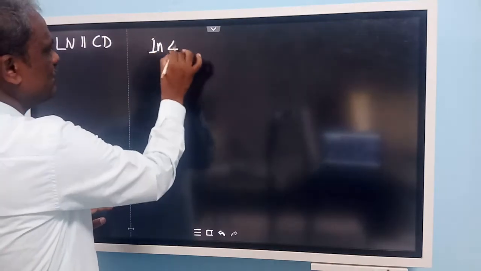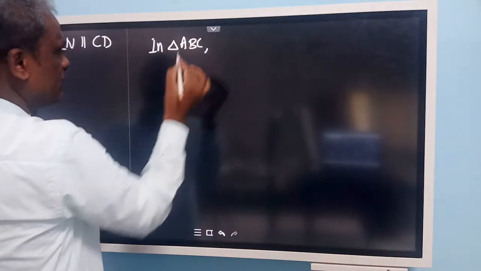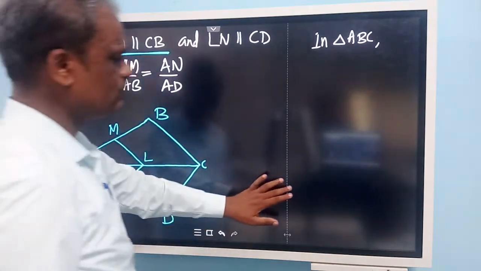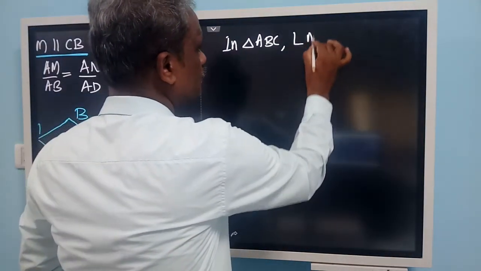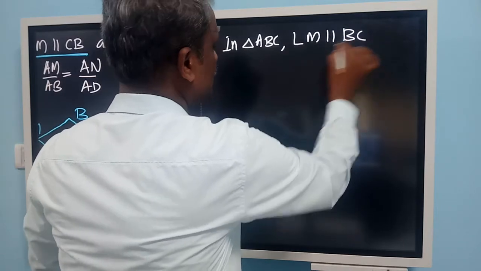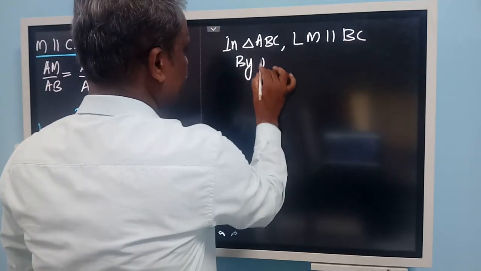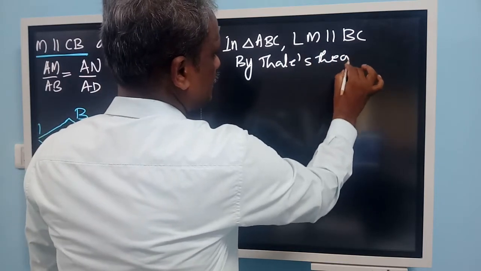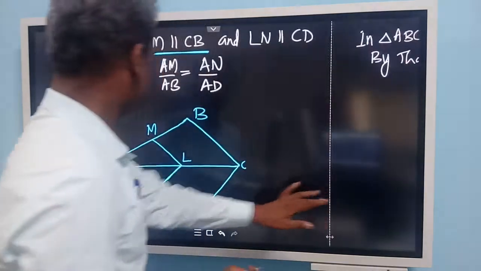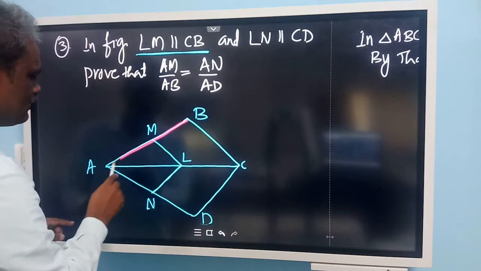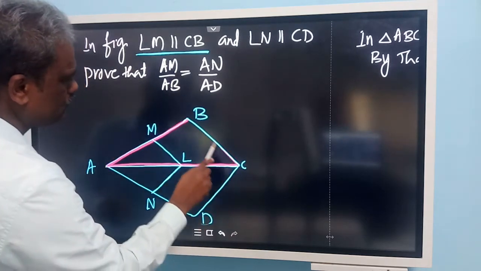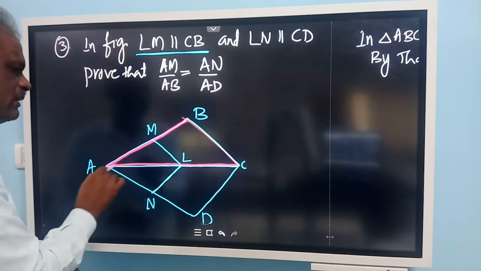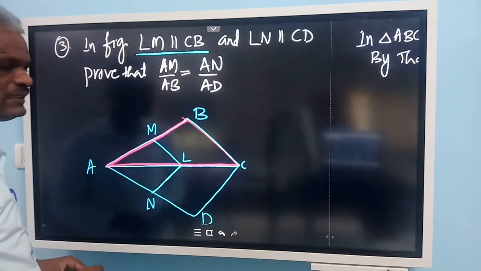In triangle ABC, you can write LM parallel to BC. So by Thales theorem, you can write, since only look at this triangle, this side is parallel to BC, therefore it must divide the two sides in the same ratio.